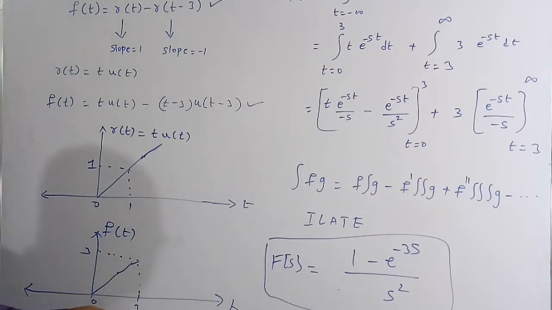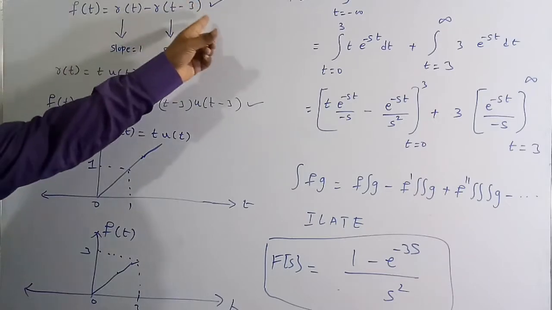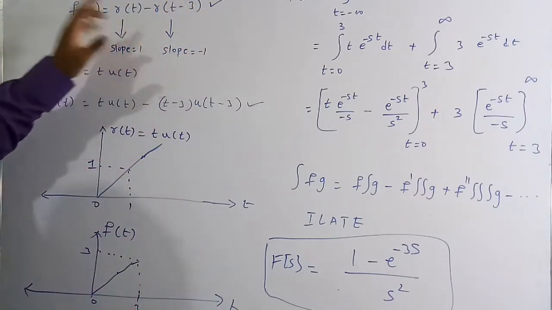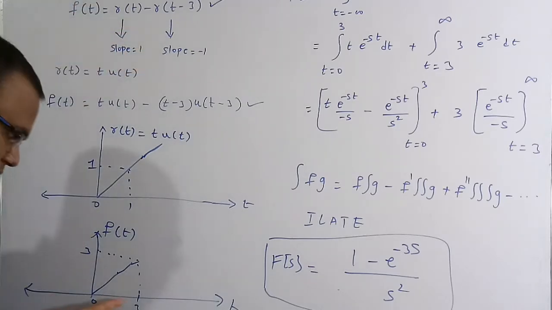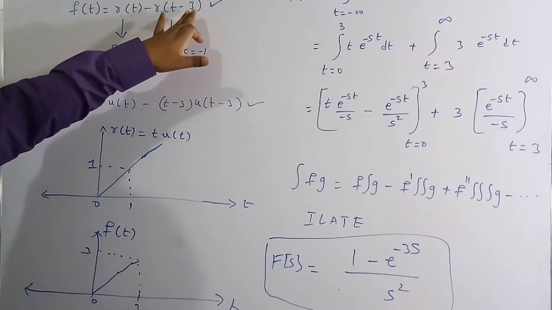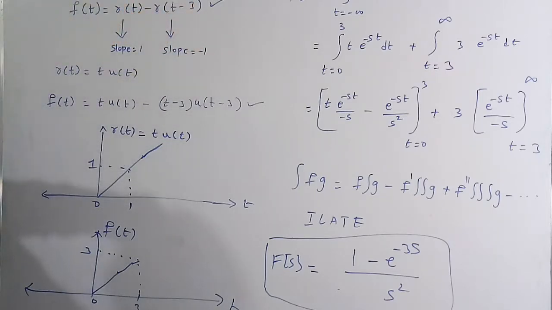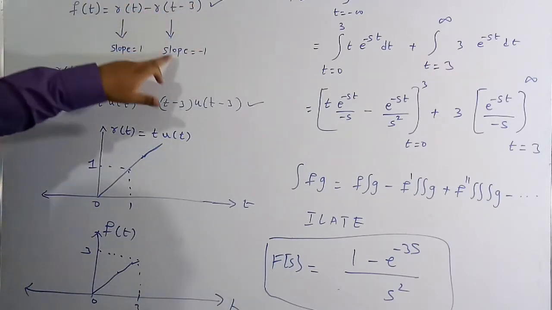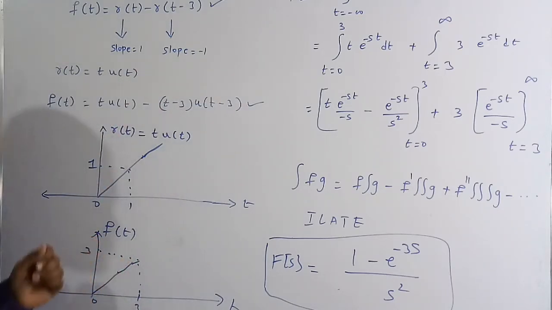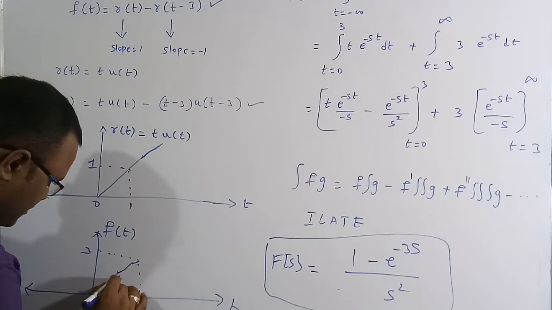But at t equal to 3 this other signal is also going to exist. From 0 to 3, f of t is nothing but r of t. But at t greater than 3, r of t minus 3 is also going to exist. The slope of this line is 1, because 3 by 3 is slope 1.